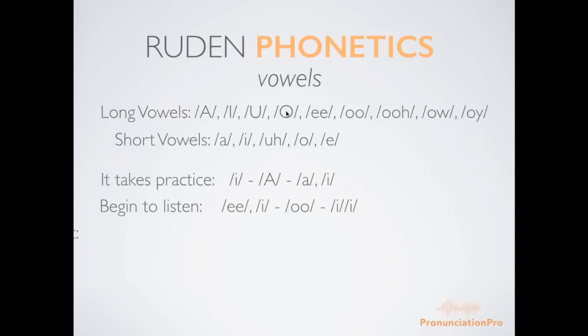Listen, so I think this is two short I sounds, and you really have to listen to this word, because it's not 'listen' with a long E, even though there's an E there. Listen. Okay, hopefully you got that one. If not, be patient with yourself and keep practicing.